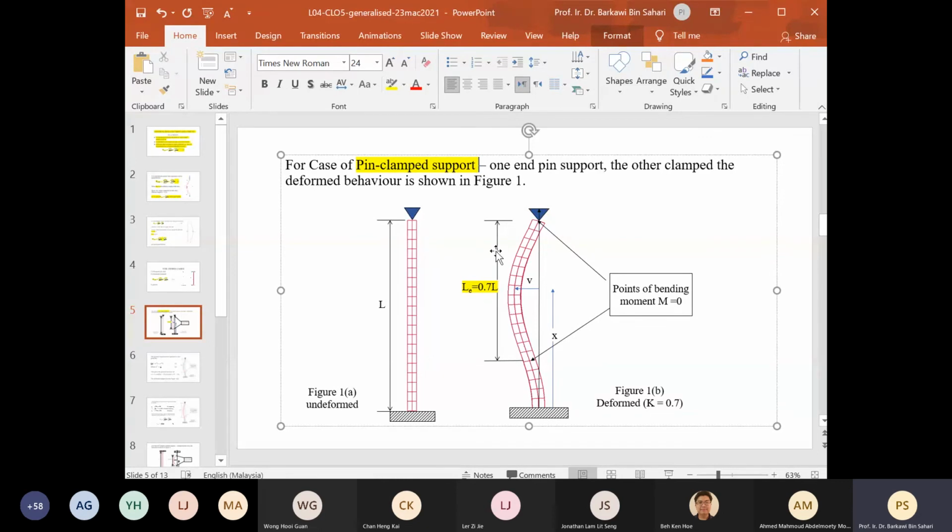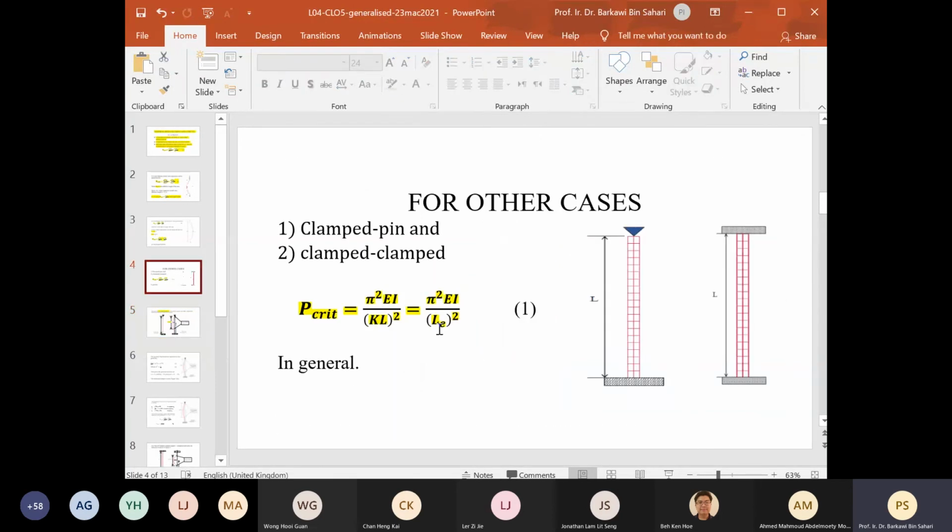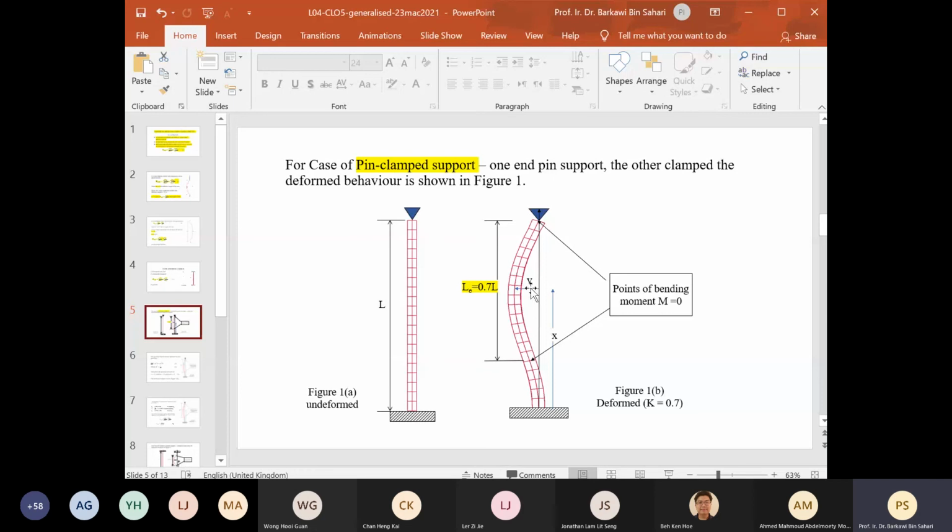So in this case, effective length is between these two points, 0.7 L. If we apply that, then we can put in this equation LE as 0.7 L of the beam and square it. So that's how to use this effective length concept.